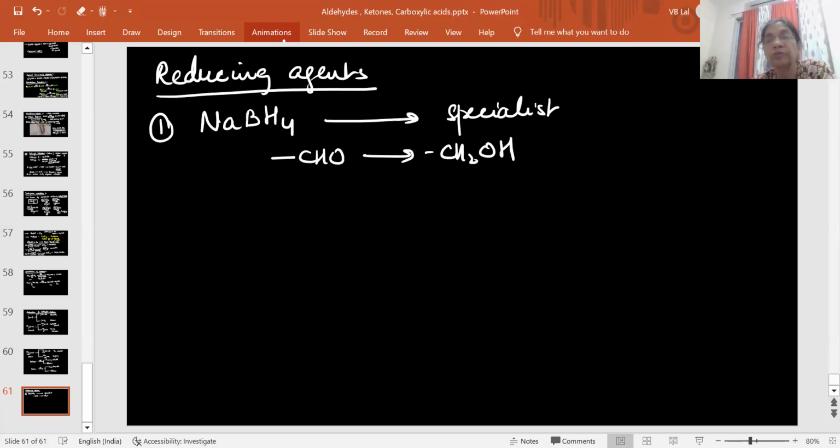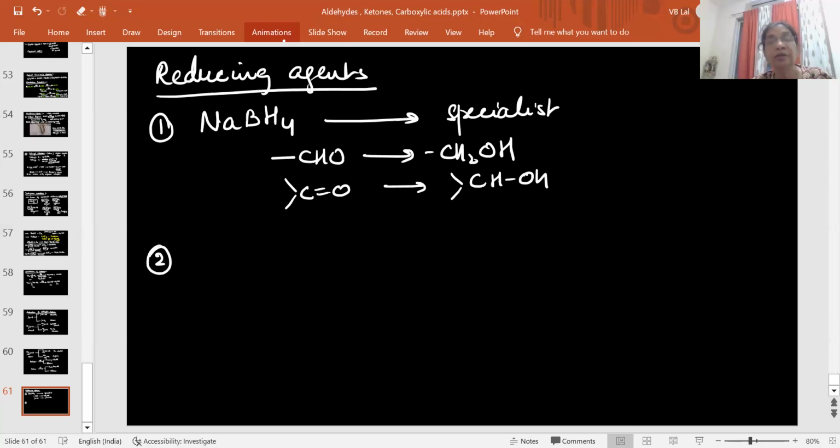CH2OH. It will convert aldehyde to primary alcohol, or it can convert ketone to secondary alcohol. It cannot convert anything else, only aldehydes and ketones to alcohols.